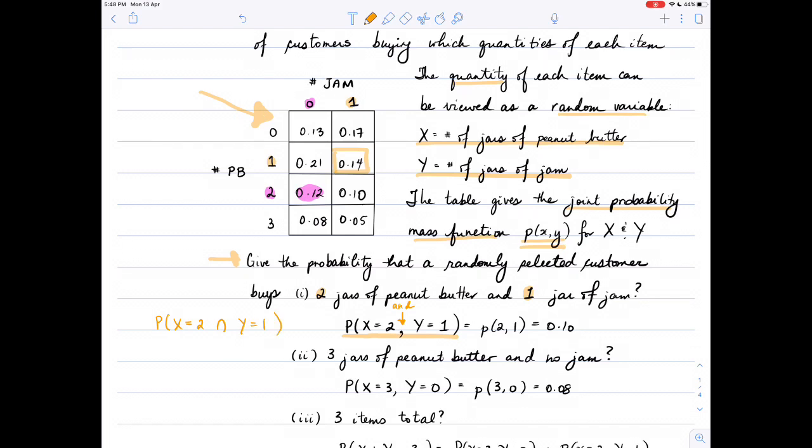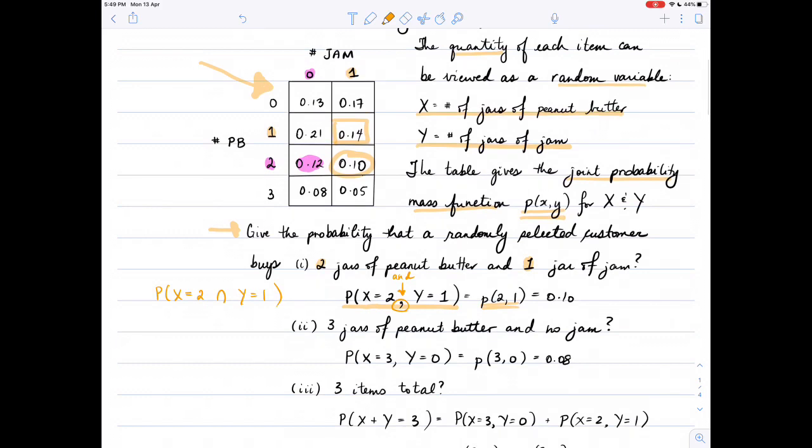For a joint mass function, we tend to write the "and" as a comma, so that's saying x is 2 and y is 1, like saying p(2, 1), which in the table is right there. The probability that a customer buys 3 jars of peanut butter and no jars of jam is the probability that x is 3, y is 0. p(3, 0) in the table is right there, 0.08. So those are simple questions.